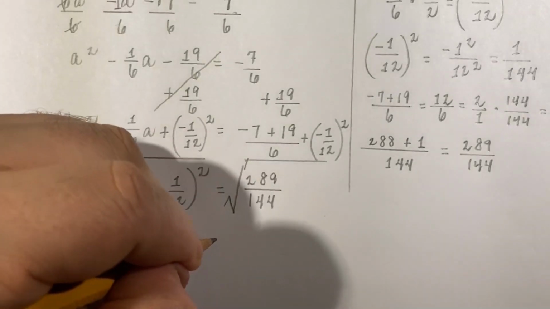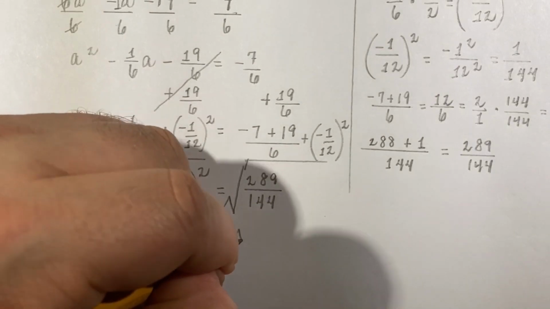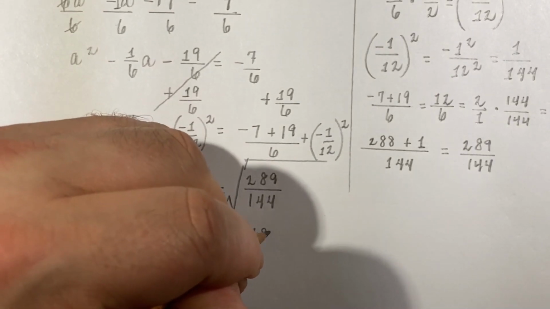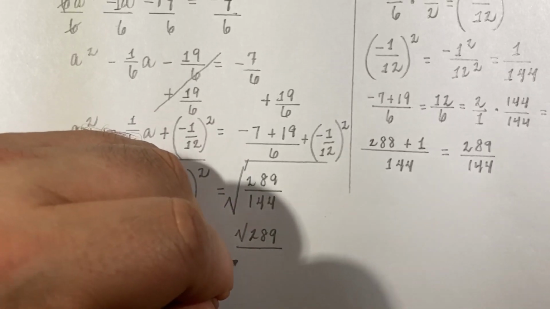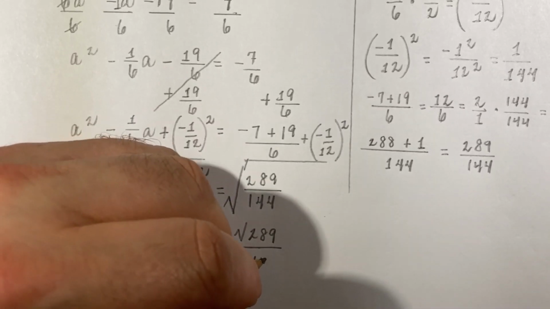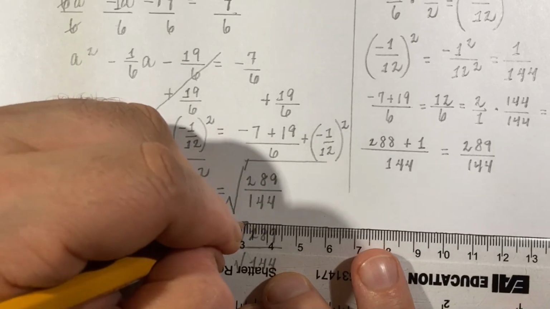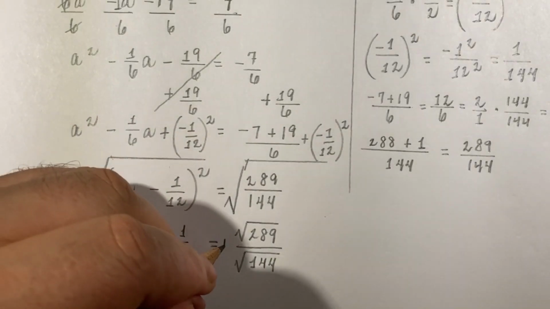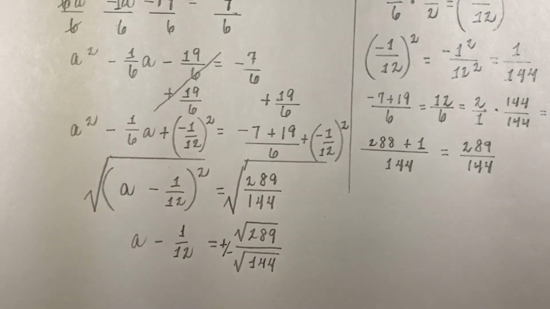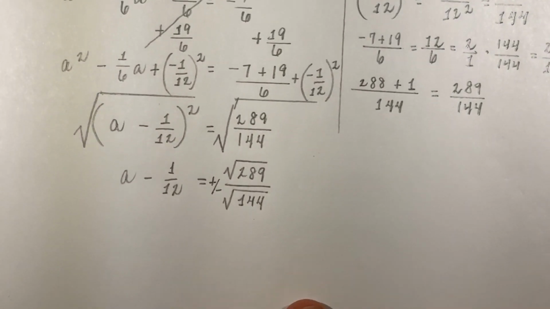And that equals the square root of 289 over the square root of 144. And we mustn't forget to put the plus or minus symbol in front of all that, because it could be plus and it could be minus.